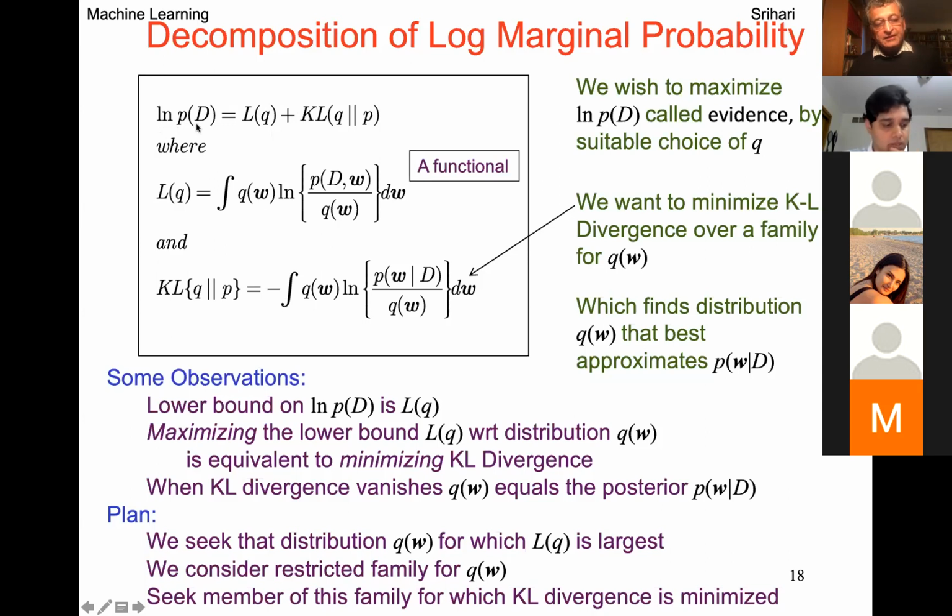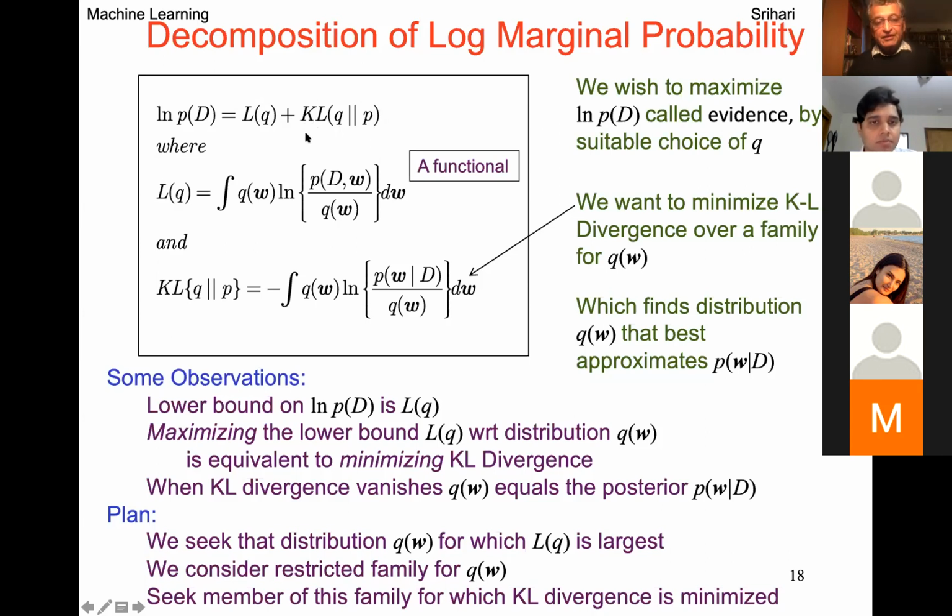Log probability of the data can be written as a function L, I believe we call it a loss, right? Lower, but not loss, it's a lower bound. L for lower, but L is used for all kinds of things in machine learning. It can be loss. In this case, it's a lower bound, L(Q) plus KL of Q and P.